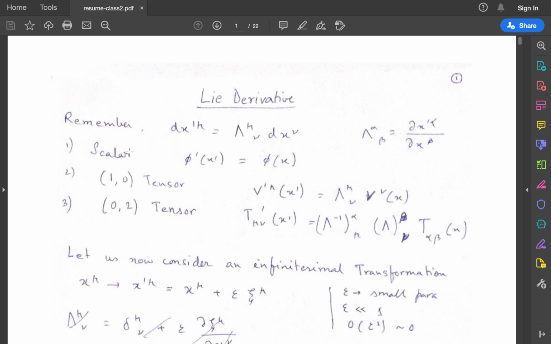We should also remember how a scalar transforms under a change in the coordinate system: the scalar more or less remains the same. However, for tensors, this gamma factor comes in. This is the new vector field, and this is the old vector field at position x, and this is at position x prime, and they are related by this gamma factor.